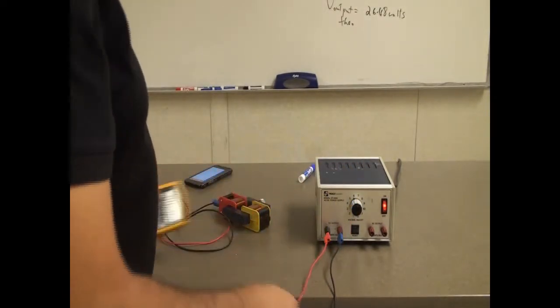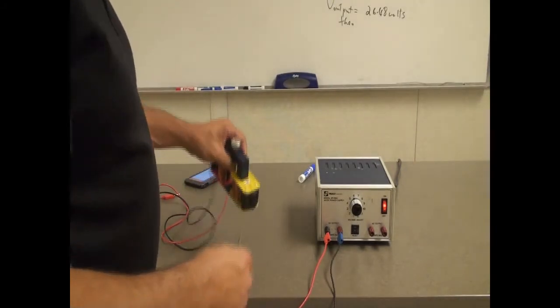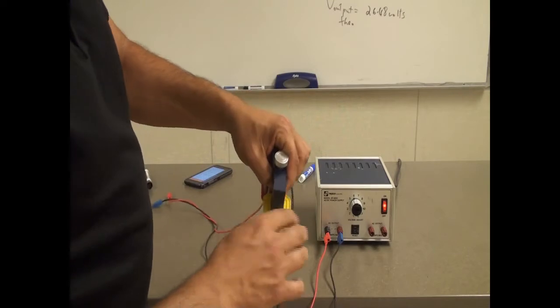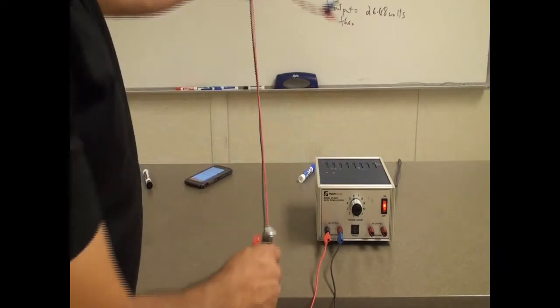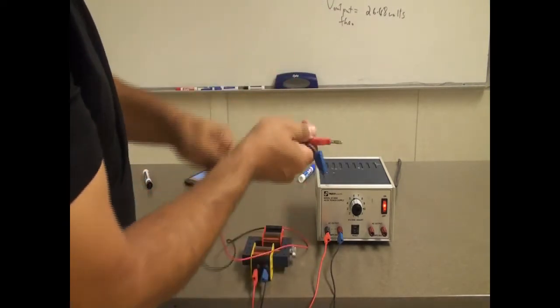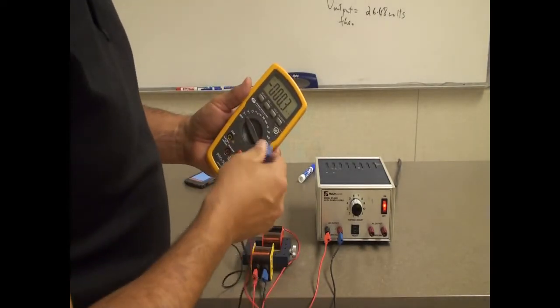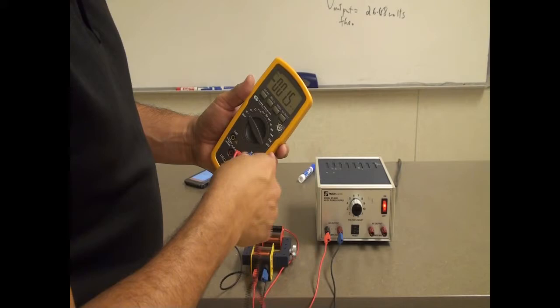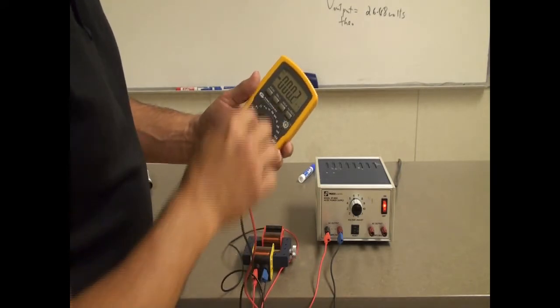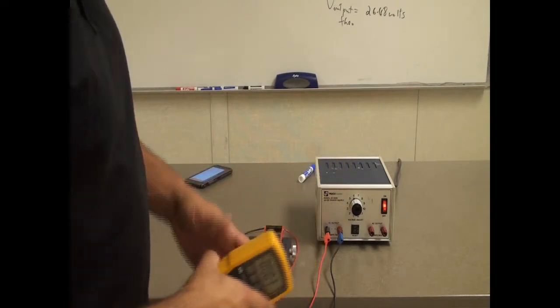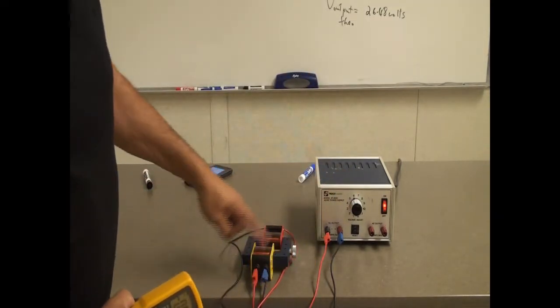Then I'm going to take this and put it to the 400, right? And then from the 1600, I'm going to go into my voltmeter. Right? And nothing. No voltage is produced. That means this mechanism of stepping up doesn't work.